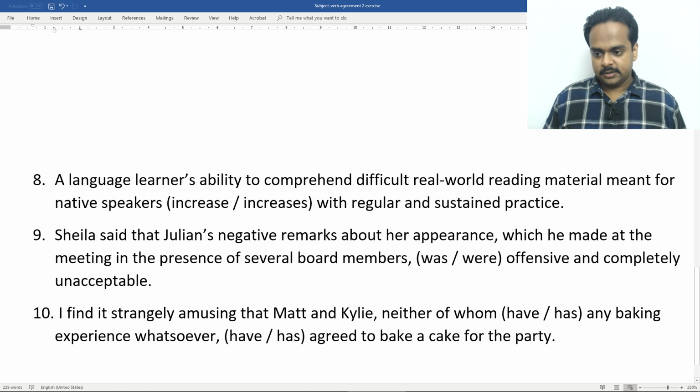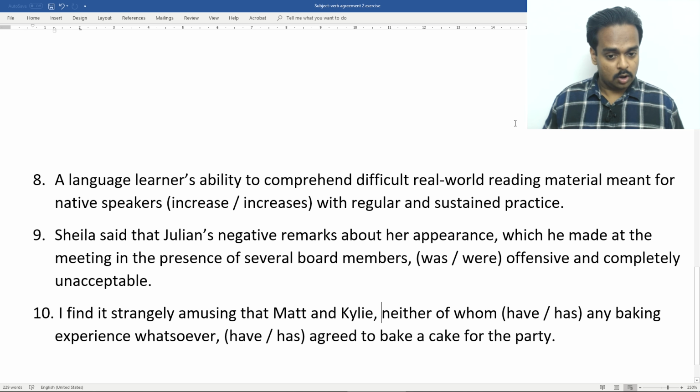All right, number 8: a language learner's ability, and then we see the word to, which means this is the start of a prepositional phrase. And this phrase is going to tell you about the ability. So a language learner's ability to comprehend, which means to understand, difficult real-world reading material meant for native speakers.